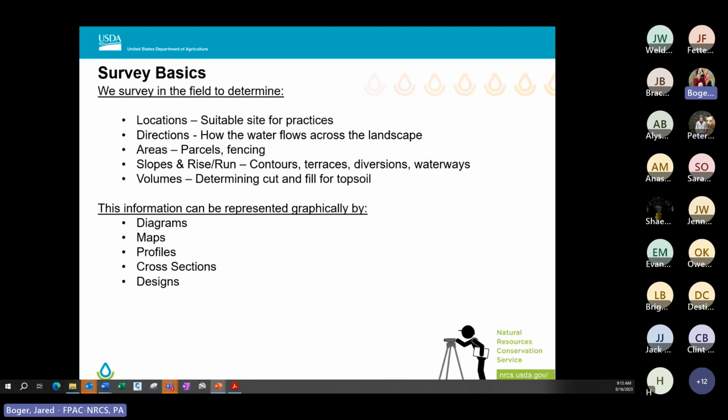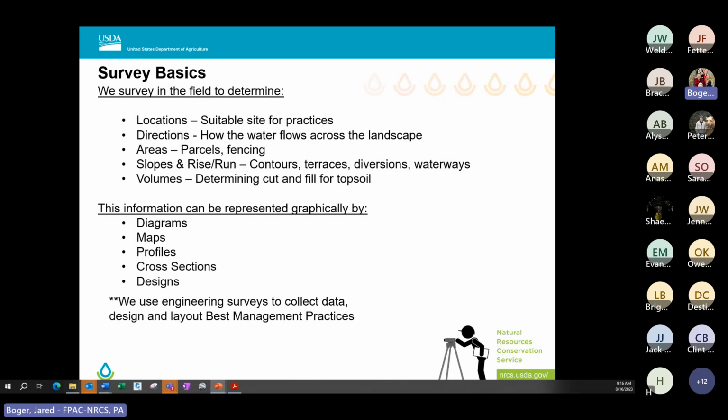The last presentation you were listening to, we can use that too. Then we have areas, parcels, fencing, and then slope, rise or run with the contours, terraces, diversions, and waterways, like I stated just before. We can represent these graphically with diagrams, maps, profiles, cross sections, and also with the designs.